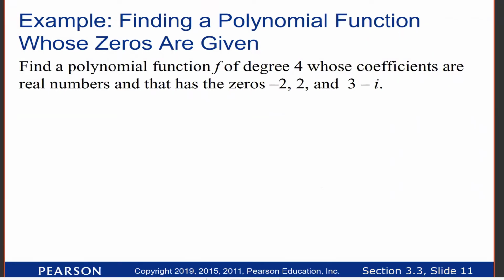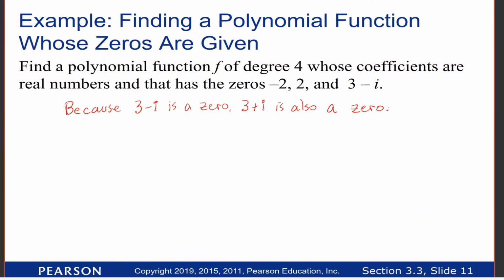Because the polynomial function has real coefficients, that means that because 3 minus i is a 0, its conjugate, 3 plus i, is also a 0.